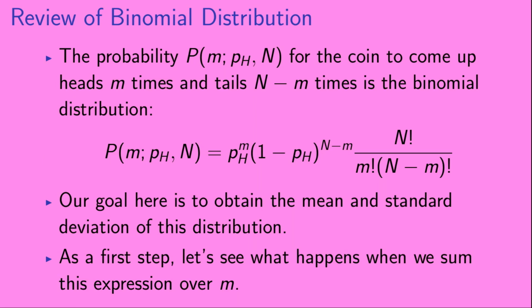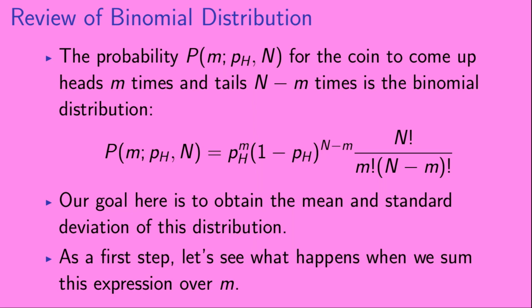So p of m, given pH and n, is equal to pH raised to the m power times 1 minus pH raised to the n minus m power times n factorial over m factorial n minus m factorial. Our goal here is to obtain the mean and standard deviation of this distribution.